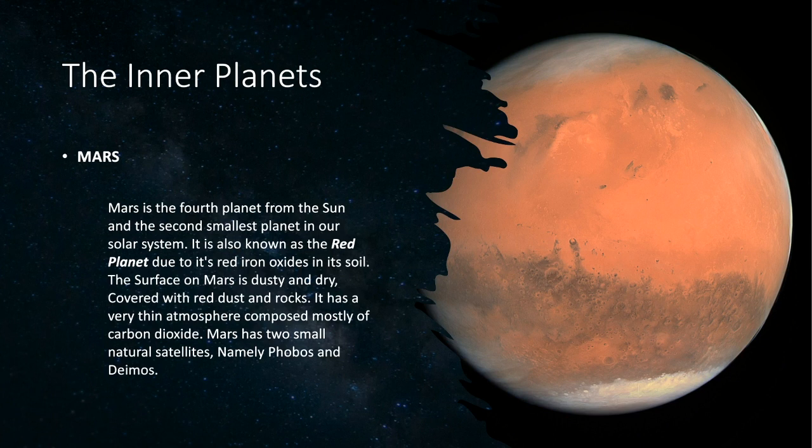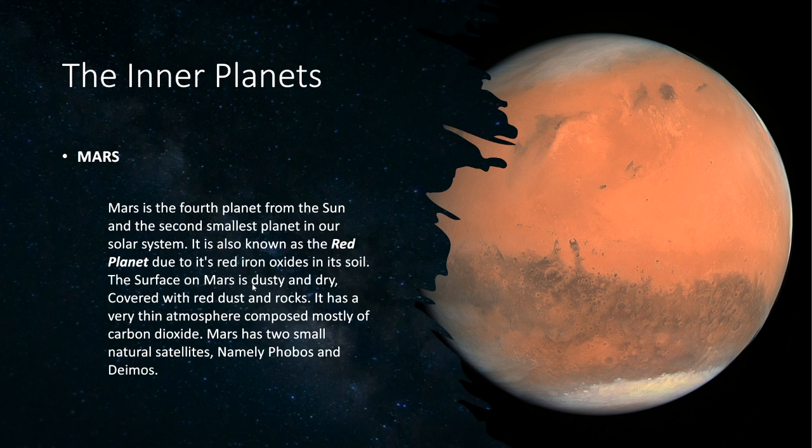The next planet, and the last inner planet that we're going to learn about, is the planet Mars. What is Mars? Mars is the fourth planet from the Sun and the second smallest planet in our solar system. It is also known as the red planet due to the red iron oxides in its soil.